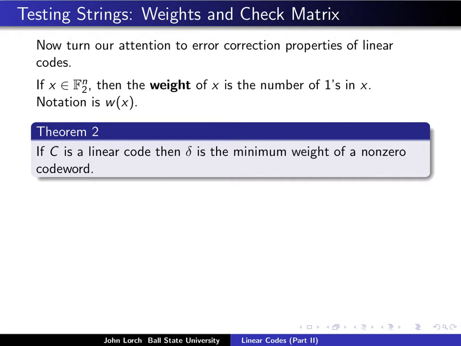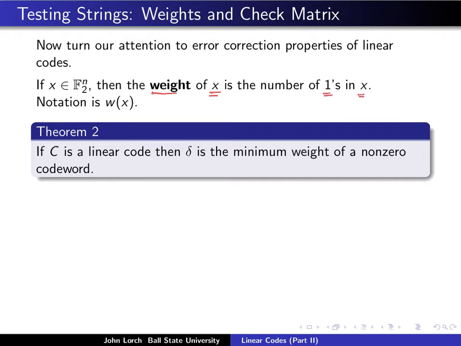So here on this slide, we have a theorem about measuring distance in linear codes. And the theorem involves this word weight. The weight of a string x in F2^n is just the number of ones in x.